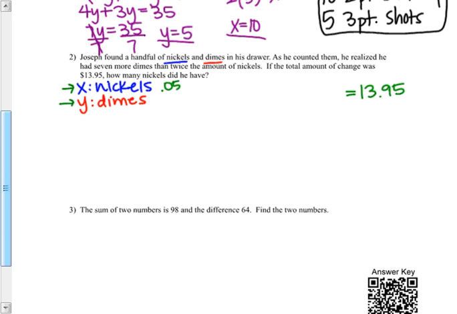And then my dimes are only worth 0.1 of a dollar. So out of 1, it's only worth 0.1. So when I write my equation, I have to say 0.05x plus 0.1y. I can't just say 5x and 1y or 10y. I have to say exactly what they represent.